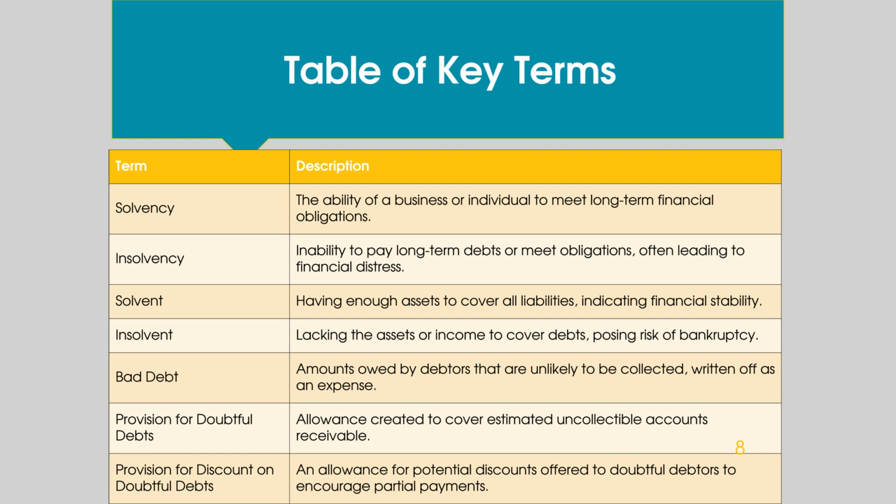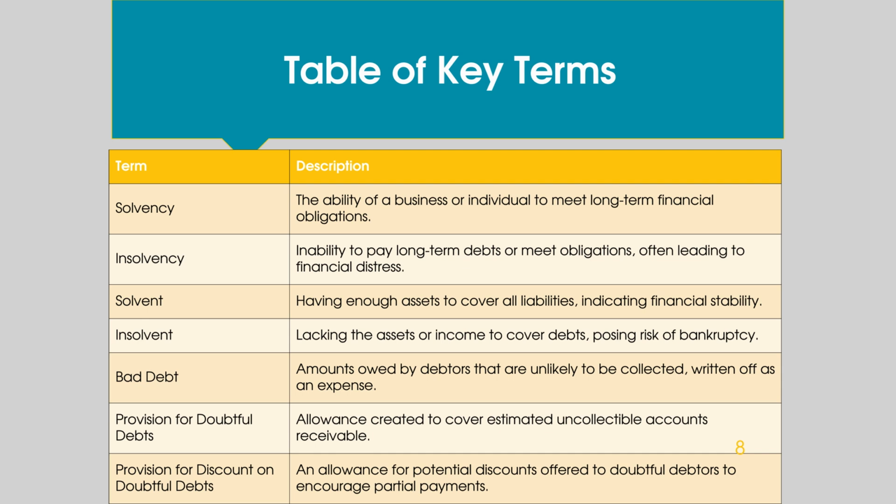Table of key terms. First term that we have covered here is solvency, the ability of a business or individual to meet long-term financial obligations. Insolvency, inability to pay long-term debt or meet obligations, often leading to financial distress. Solvent, having enough assets to cover liabilities, indicating financial stability. Insolvent, lacking the assets or income to cover debt, posing risk of bankruptcy.